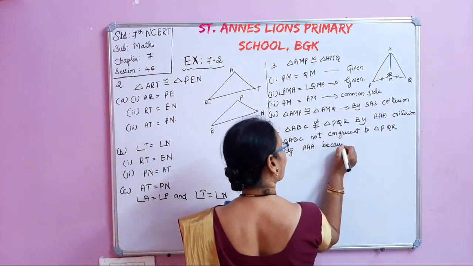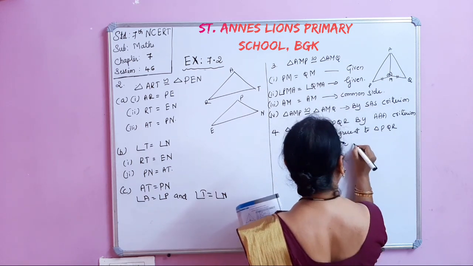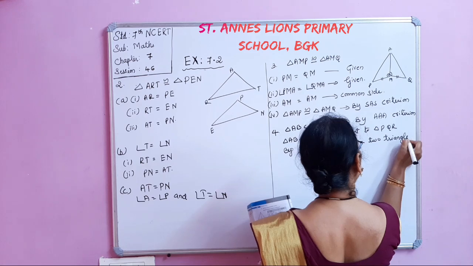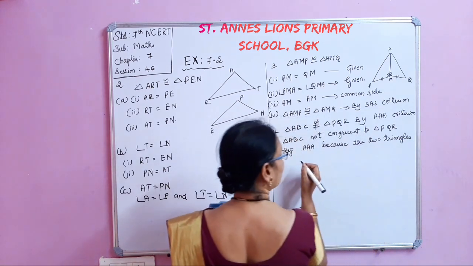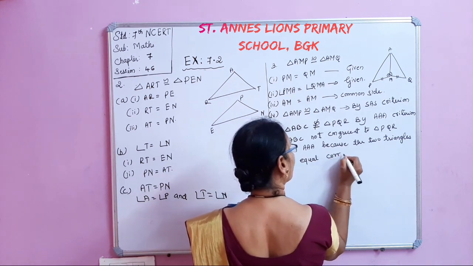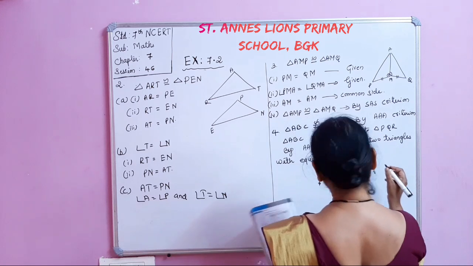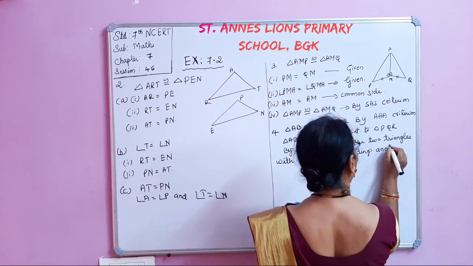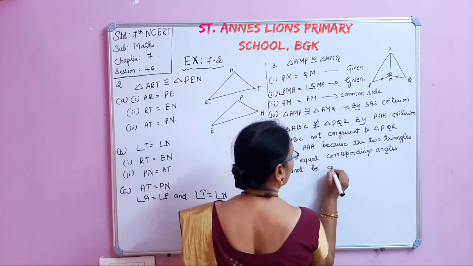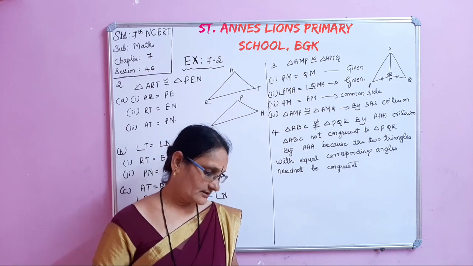Because two triangles with equal corresponding angles need not be congruent. Okay, this is the reason for that.